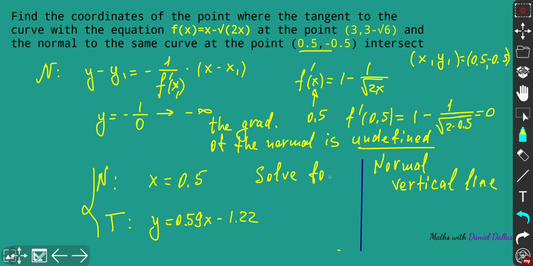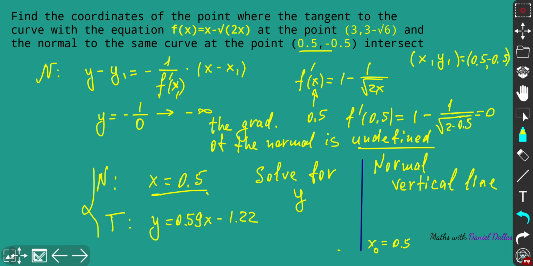We know x because that's the equation for the normal, and we already know the x0 coordinate of point P. So solve for y now.